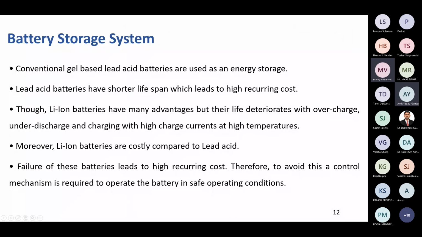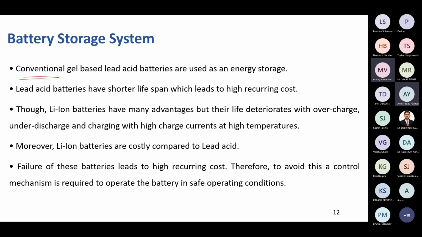So the comparative study that we have seen as a table, I've just listed out here. The conventional gel-based lead acid batteries are used as an energy source. It's a conventional method, and lead acid batteries have a very short lifetime and need a high recurring cost. That means every 2 years we have to replace them with new batteries.